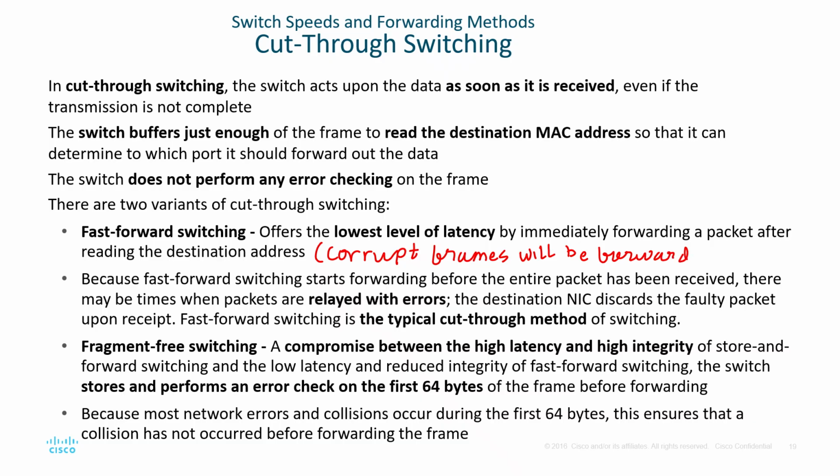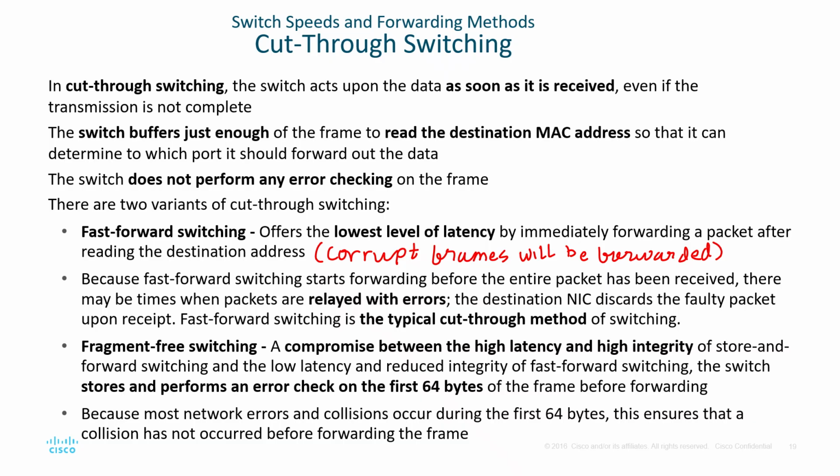So what you're giving up for passing these corrupted frames? Speed. Cut-through switching is going to be a lot quicker. Think back to store and forward. Store and forward had to receive the entire frame, do that CRC, and then push it toward the destination. Here, the only thing that fast-forward switching needs is the destination address. So it is the lowest level of latency.